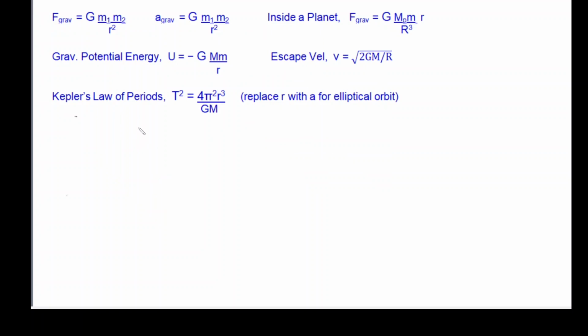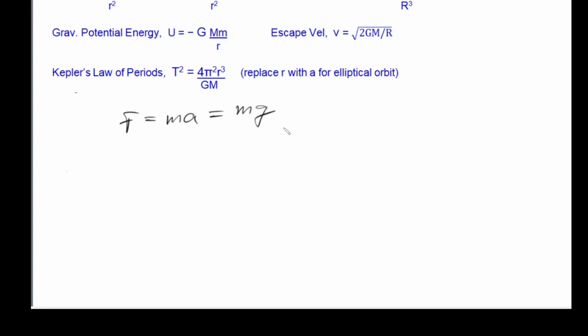In the past, we have shown Newton's second law to be F equals mass times acceleration, which could also be mass times g. But the acceleration due to gravity doesn't always equal g.